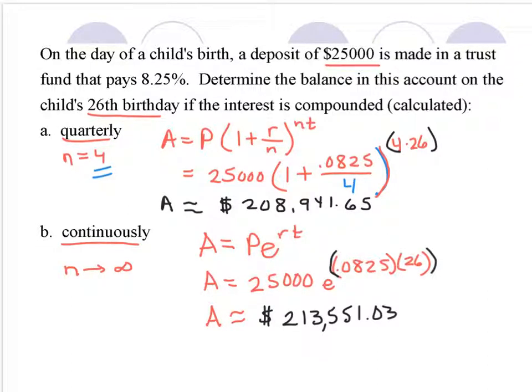So that time I ended up with about 213,000 and some change. So even though you're thinking, gosh, an infinite number of times per year calculated versus 4, this basically is going to maximize your interest if you keep it at 8.25% for 26 years. So this is the absolute most you're going to be able to earn in interest.